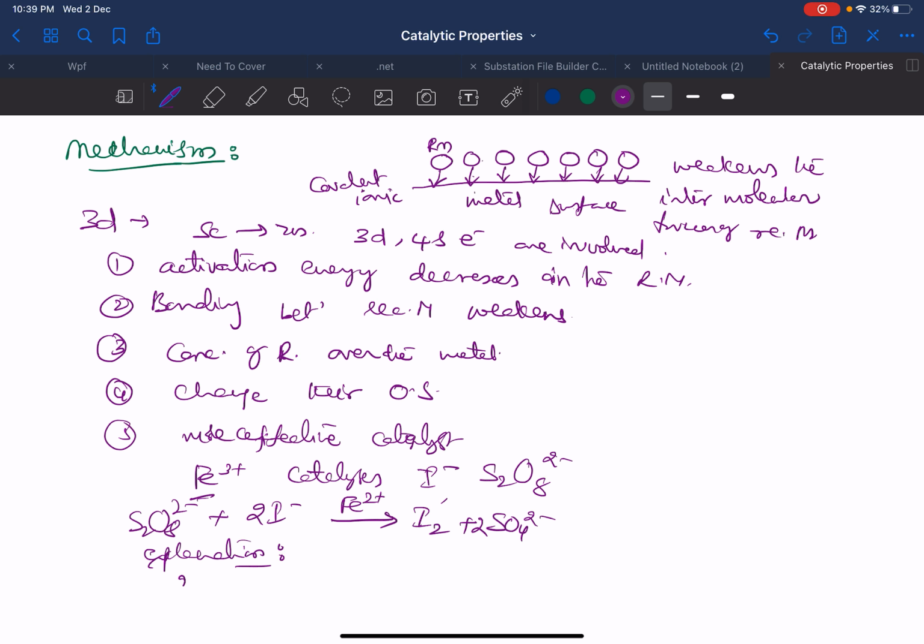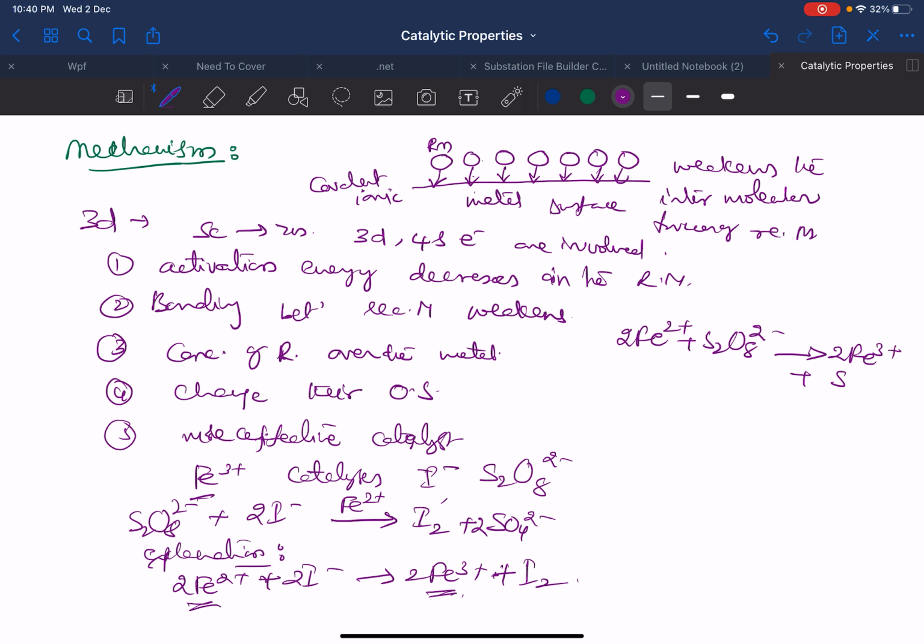In the first step, 2Fe2+ plus 2I- gives rise to 2Fe3+ plus I2, and here Fe2+ ions are converted to Fe3+ ions. In another step, 2Fe2+ plus S2O8 2- gives rise to 2Fe3+ plus 2SO4 2-.